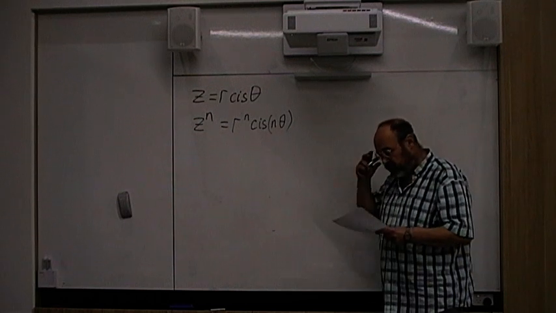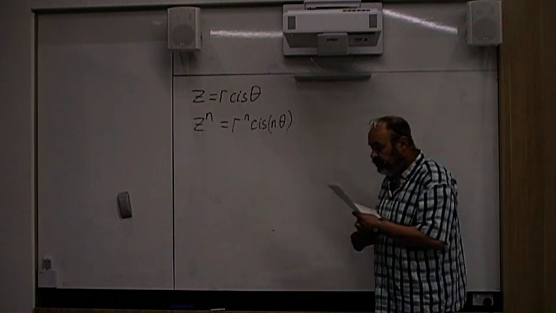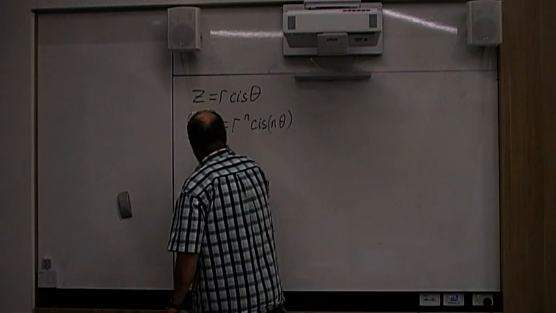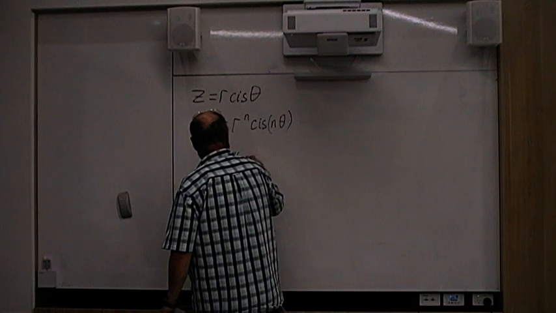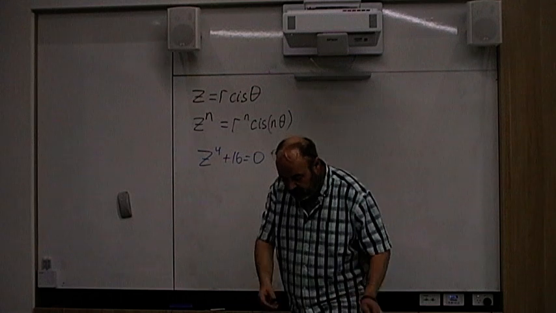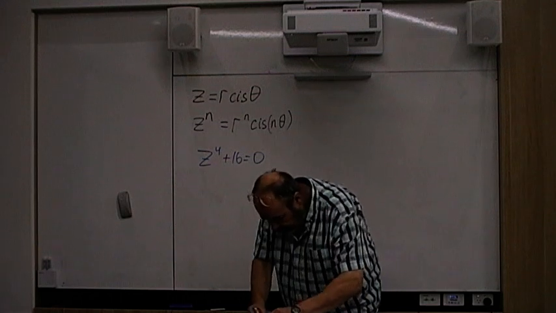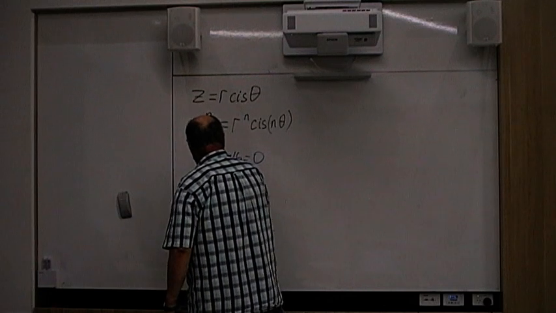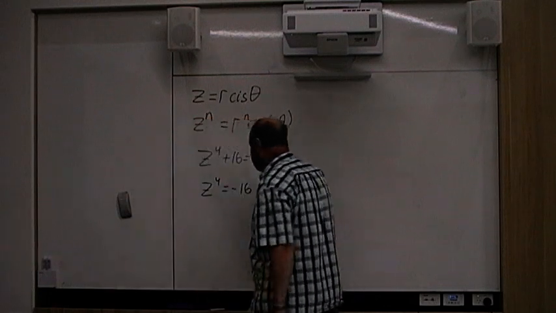For example, we need to solve the equation z to the power of 4 plus 16 equals 0. So first, let's write it as z to the power of 4 equals negative 16.